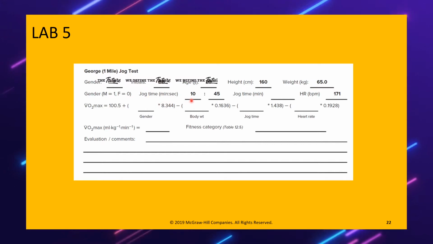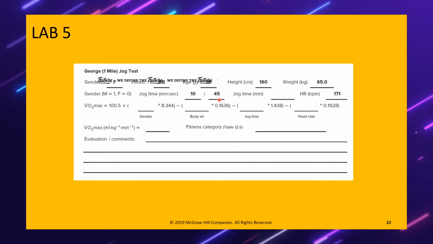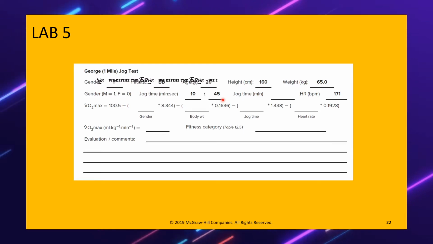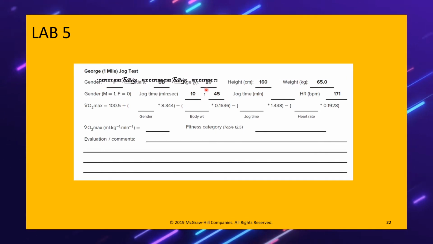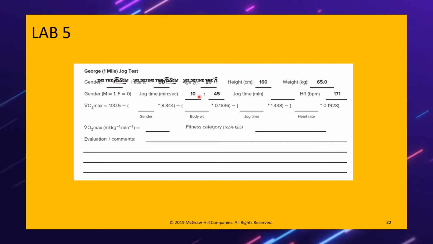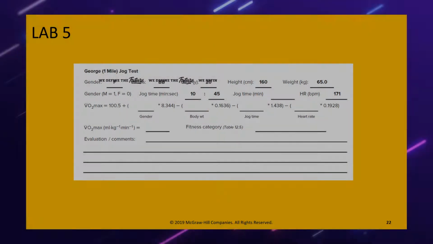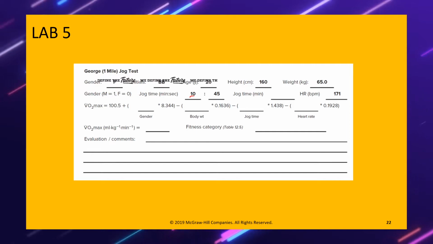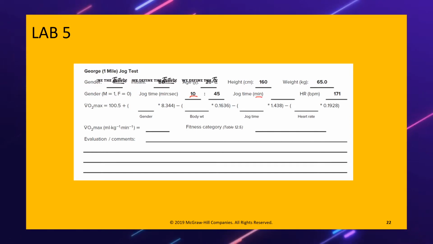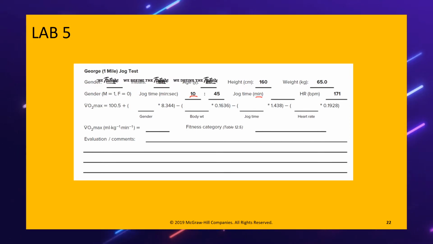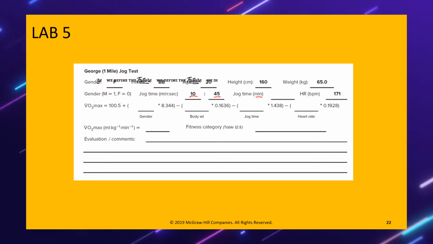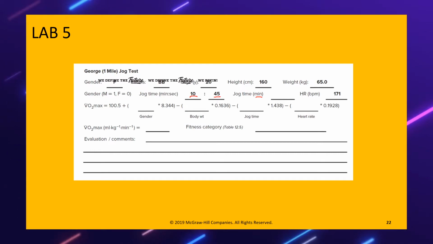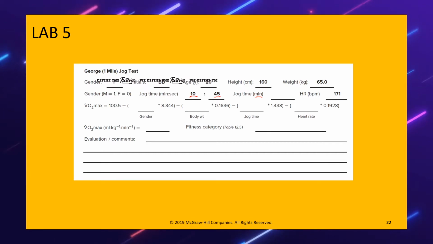So their jog time was 10 minutes and 45 seconds. Now we need to convert this into something a little easier, so we need to make it into minutes. We have that 10 minutes, so we don't have to do much with that. But then we have this 45 seconds, which is not in minute form. So how can we change that? Well, it's pretty easy.